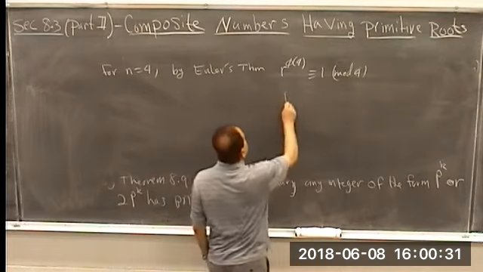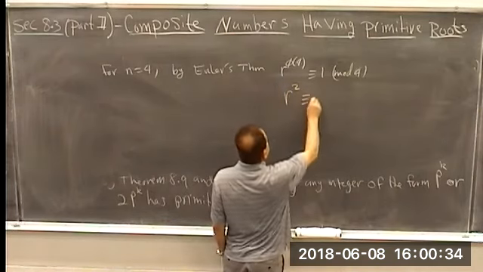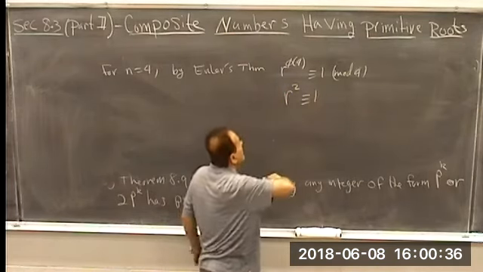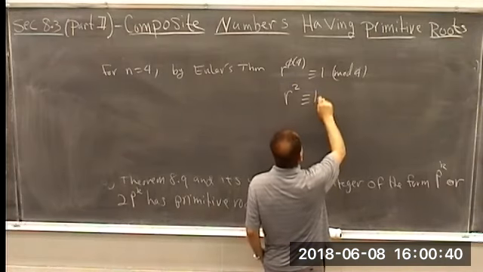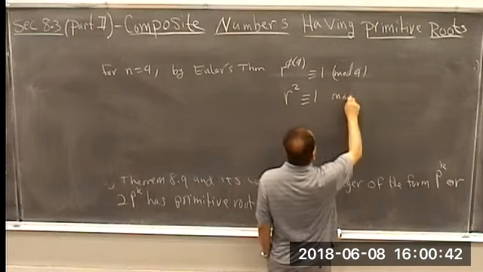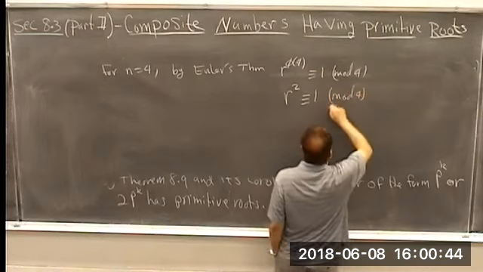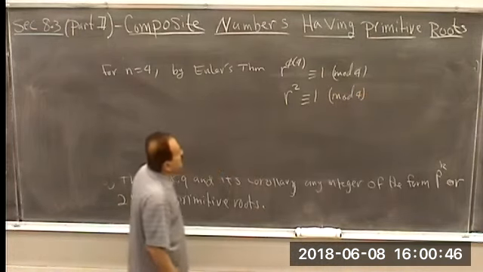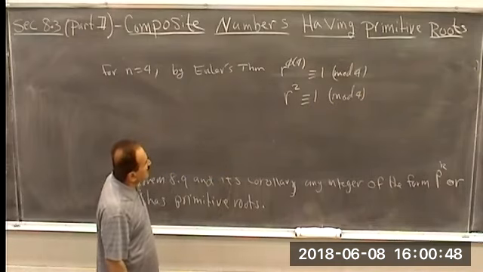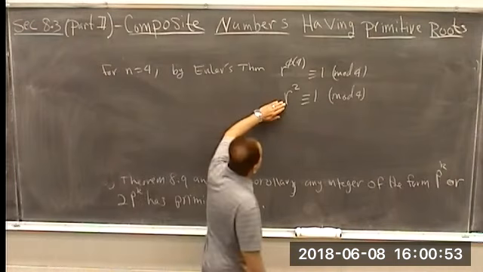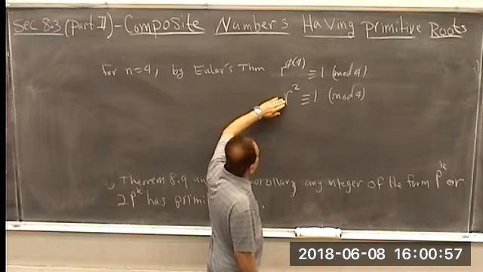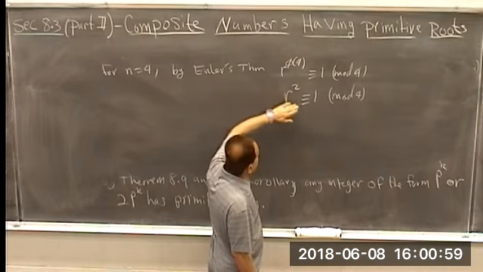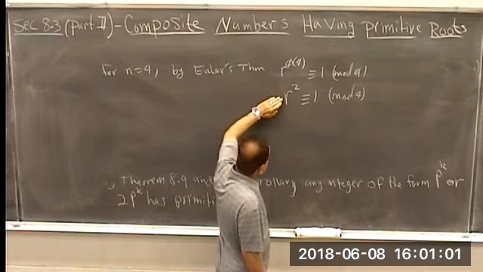Just a minute, we need to see which ones this congruence actually holds for. All right, so this congruence does hold for 1. For 2 it doesn't: 2 squared is 4.